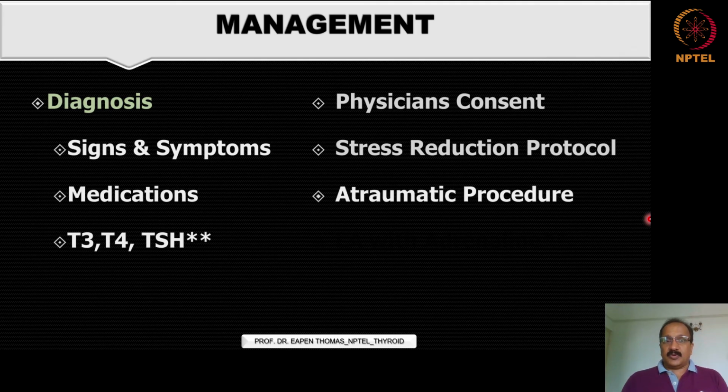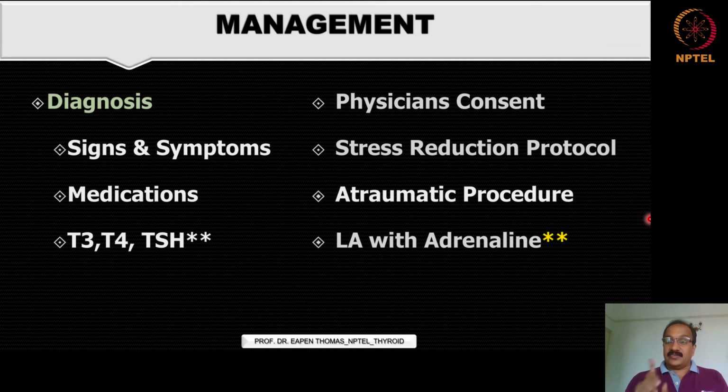Do an atraumatic procedure to reduce the amount of stress created. The procedure has to be done with gentle care; gain the patient's confidence, make the patient feel at home, make the patient comfortable, and always do the procedure atraumatically. The local anesthetic with adrenaline should be used with care. I've told you, in a hyperthyroidism patient, the adrenaline can produce hyperthyroid crisis or thyroid storm.